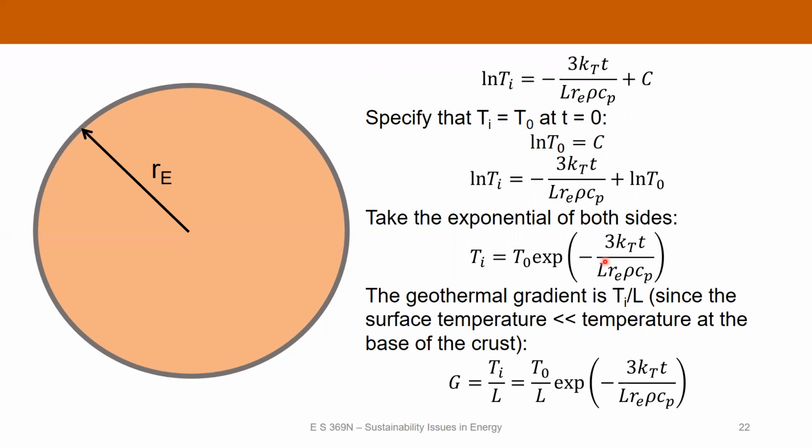Okay. Now, the geothermal gradient is simply that temperature divided by the crustal thickness, again, because the external temperature is much lower. So we can write this equation here, and this tells us that the geothermal gradient is related to time by this expression over here.